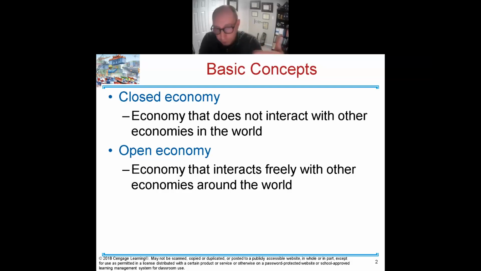Since we're talking about macroeconomics, we look at things on a global scale and on a national scale. An open economy is where one country, such as the United States, does international trade with other countries. In other words, we freely interact with other countries around the world, and it's defined really through international trade. That's an open economy.